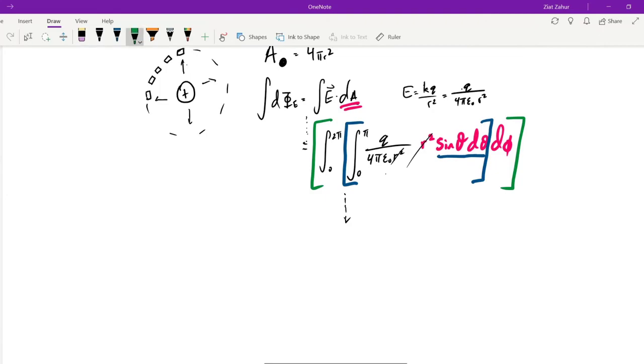And after doing all that, you end up with phi is equal to Q over epsilon naught.